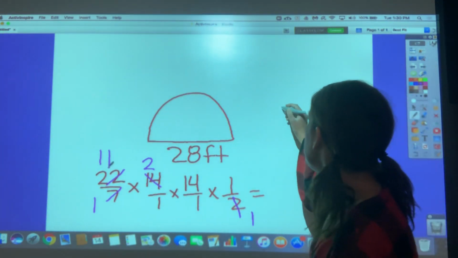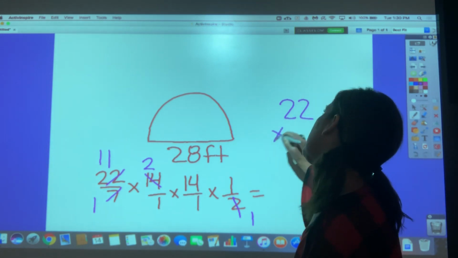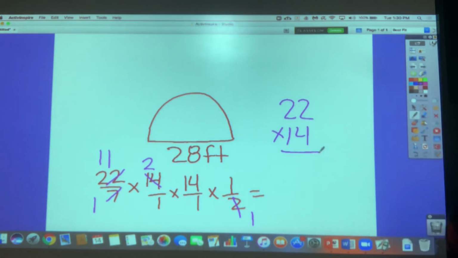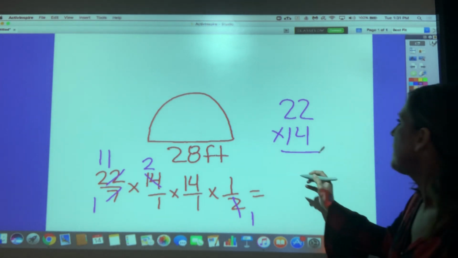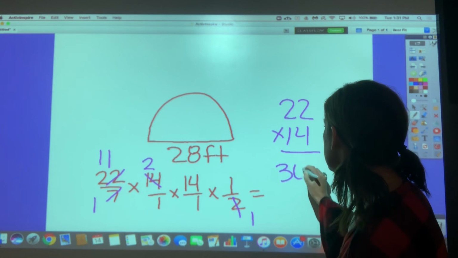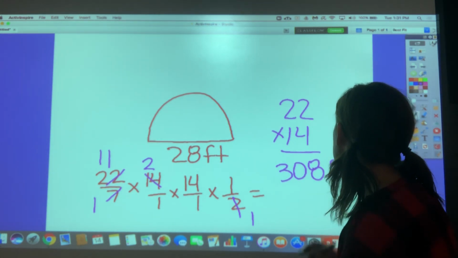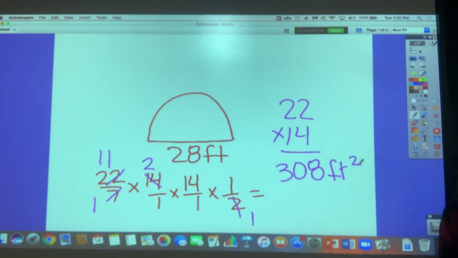So 22 times 14 is going to give us our answer. Let's see what you get. Hopefully you got 308 feet squared, because it's area.